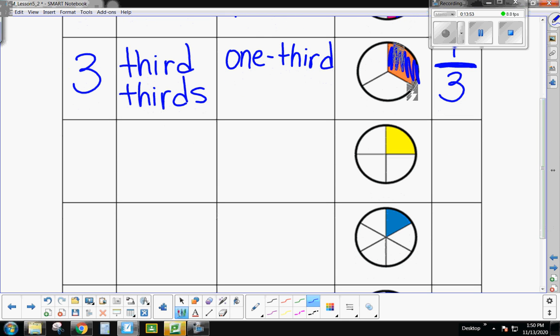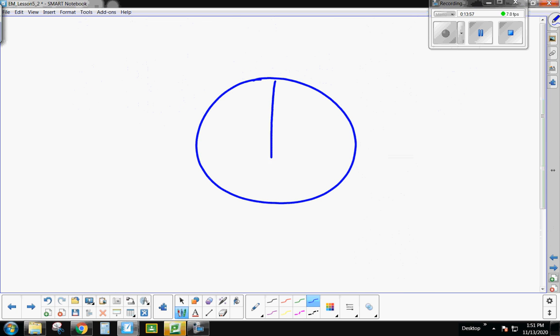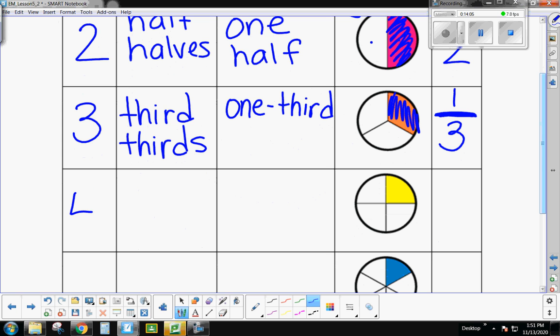All right, the next circle that you're going to draw is broken into 4 equal parts. So we have 4 equal parts. Now, if you break something into 4 equal parts, what do you call those parts? You call them fourths, or just the singular fourth, like if I want to say 1/4.